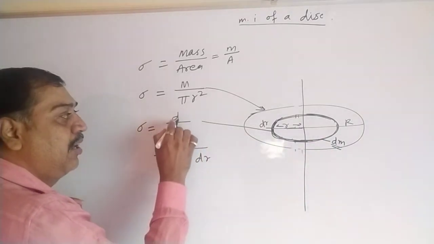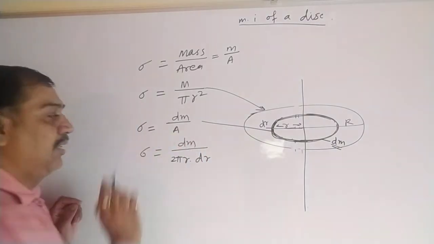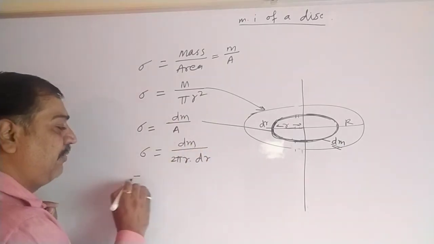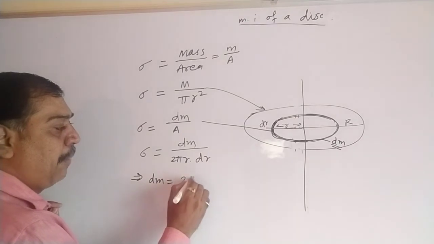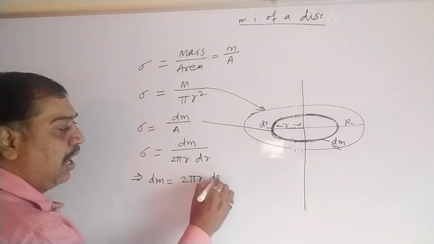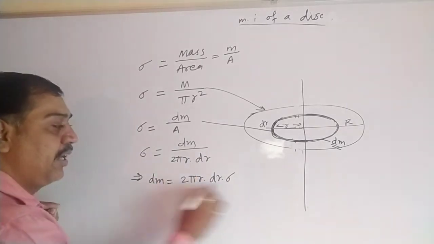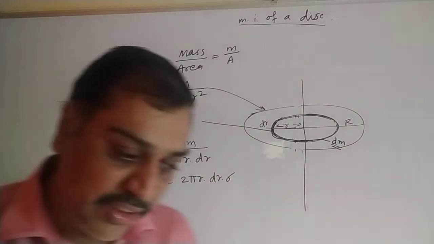So sigma equals dm divided by 2 pi r dr. From this find the value of dm. So dm equals 2 pi r dr into sigma. This term goes to this side. This gives the mass dm.